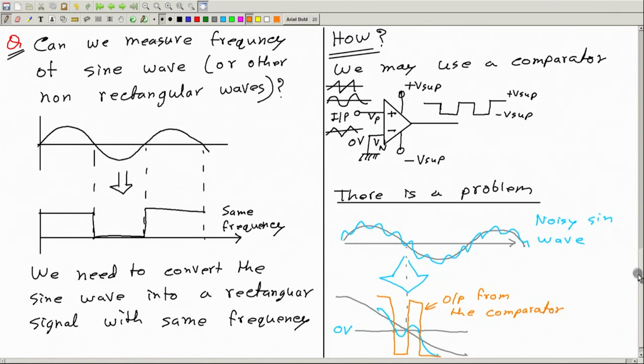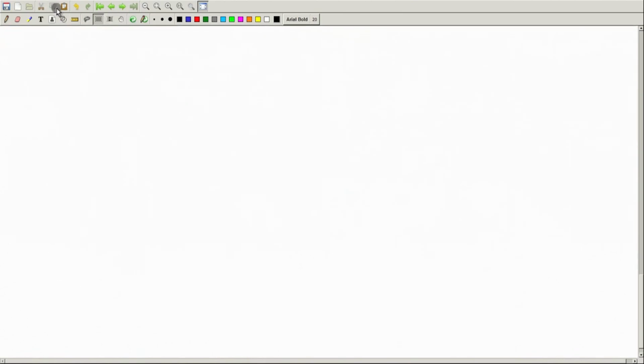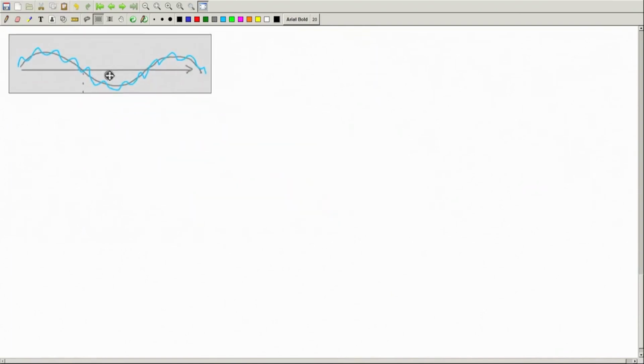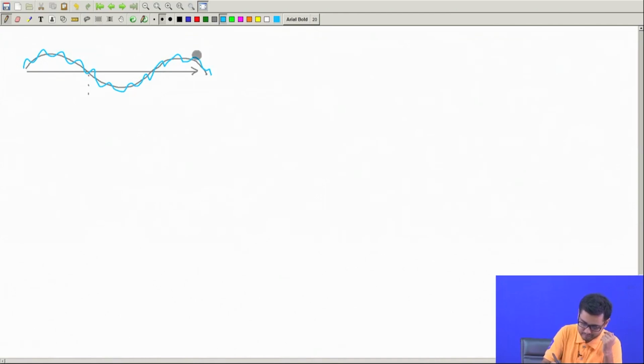Okay. So this blue line is the input to the comparator or op amp, and the output will be like this.